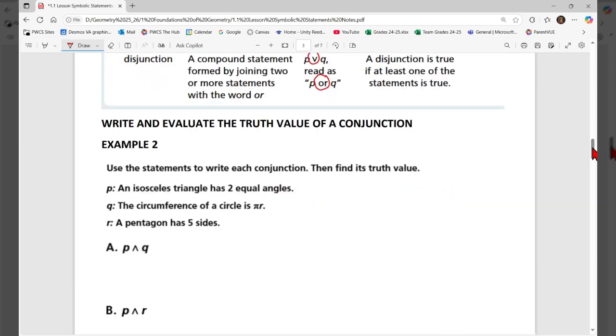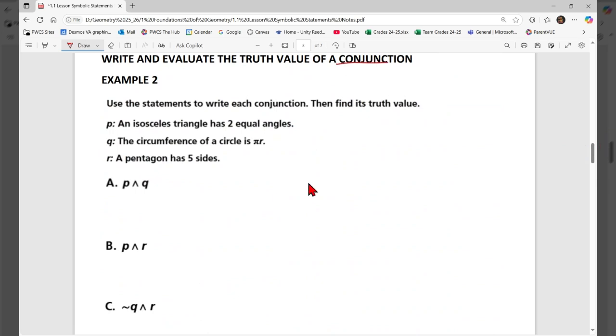And so you can know the words conjunction and disjunction if you want. That could be helpful. The most important thing is to know when I see this symbol, that like that I could simply turn into capital A, that means and.